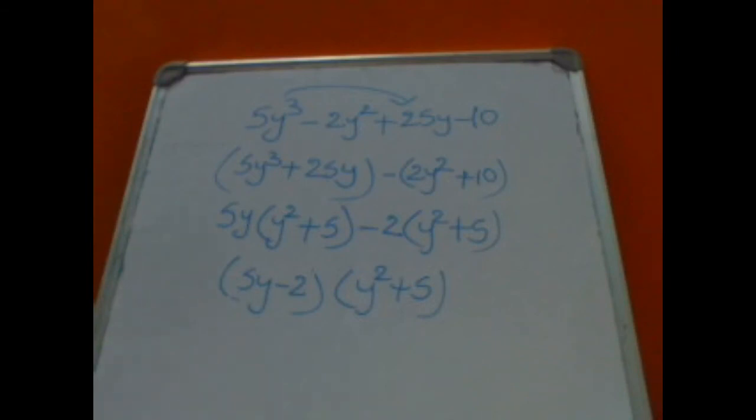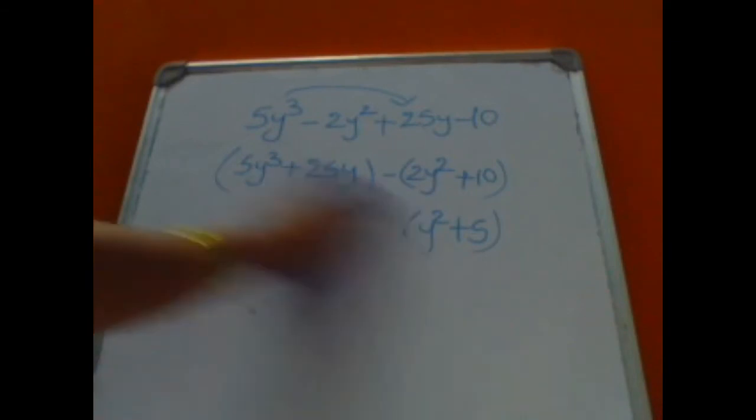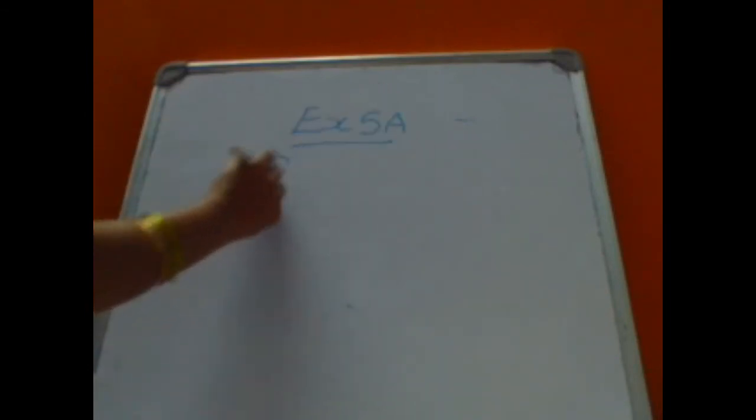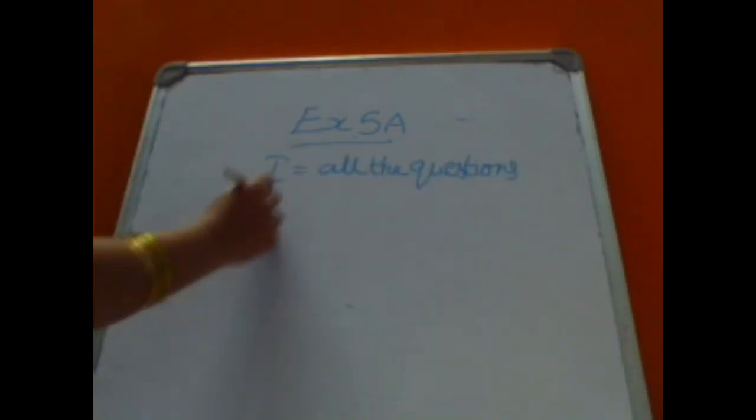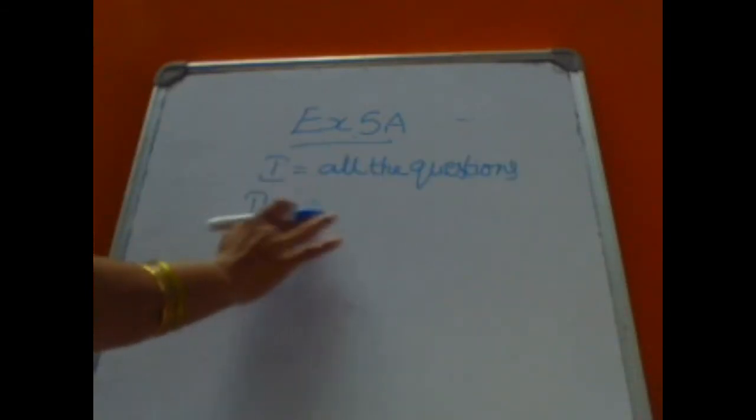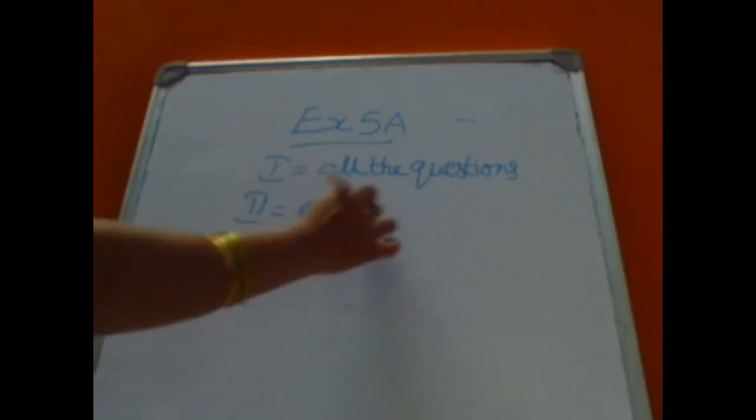Hope it is clear now. So now I want you to go through this video. If you have doubts, you can go through it again and again. And I want you to complete exercise 5A. You have 2 mains. In the first main, do all the questions, and in the second main, you have to do all the odd questions.